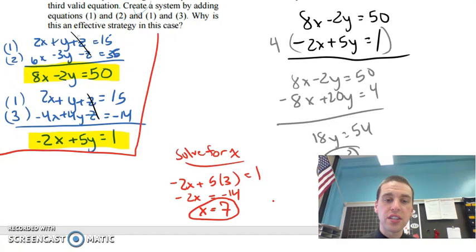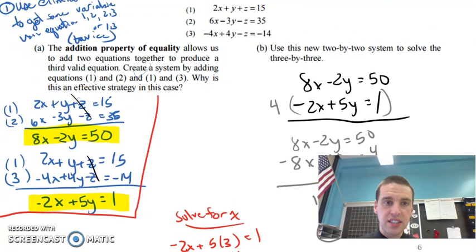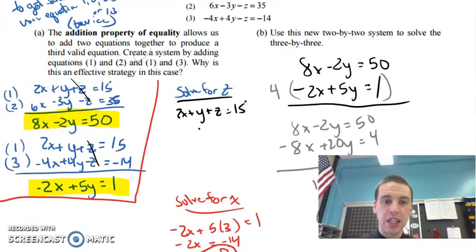Now I'm going to go back to the original and solve for z. Which one looks easiest to solve for z? Well, personally I think that choice number 1 looks easiest. So 2x plus y plus z equals 15, and I'm going to plug in.